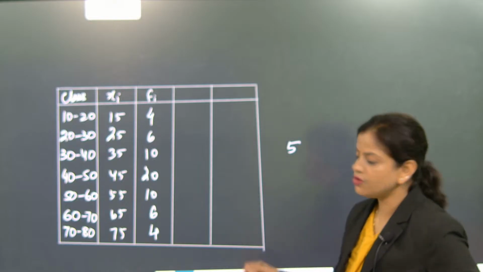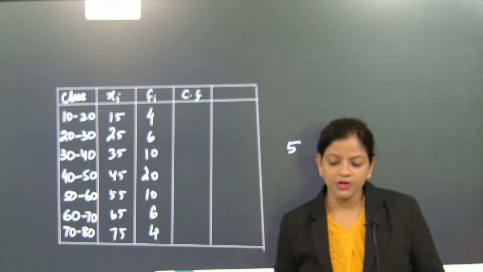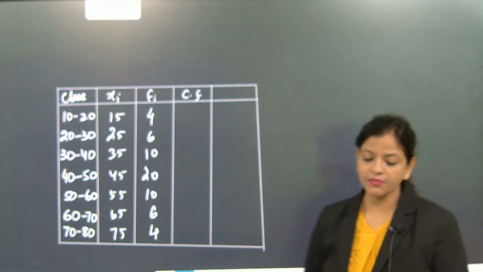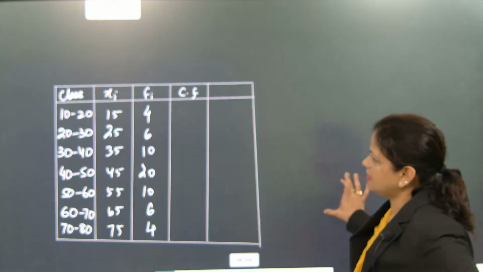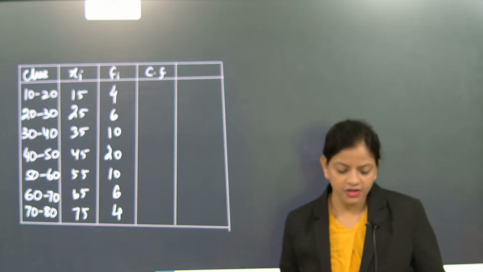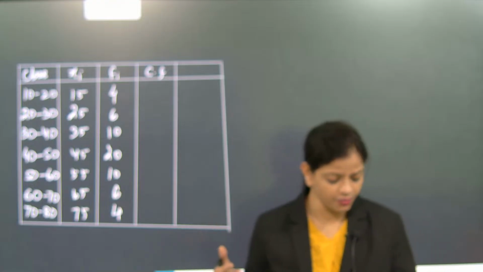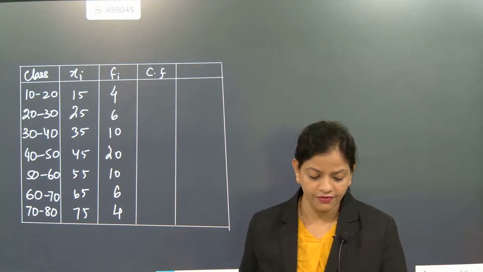Now we will find the cumulative frequency. I want you people to find the mean, mean deviation and median deviation and tell me the value. Once you solve it yourself, you will get the idea. I will solve it one way, you solve it another way. First find the cumulative frequency and tell me how to get it.